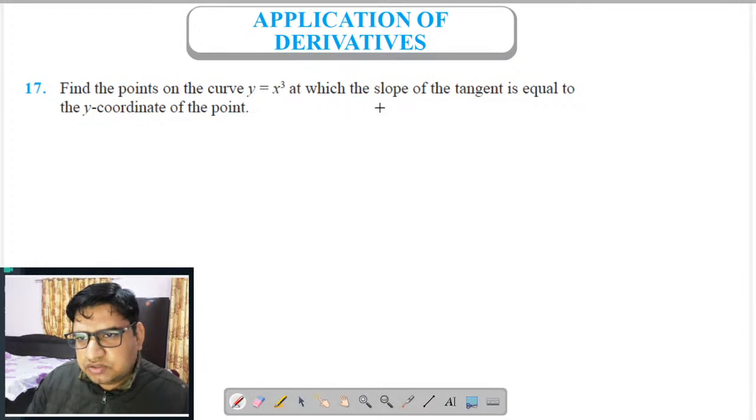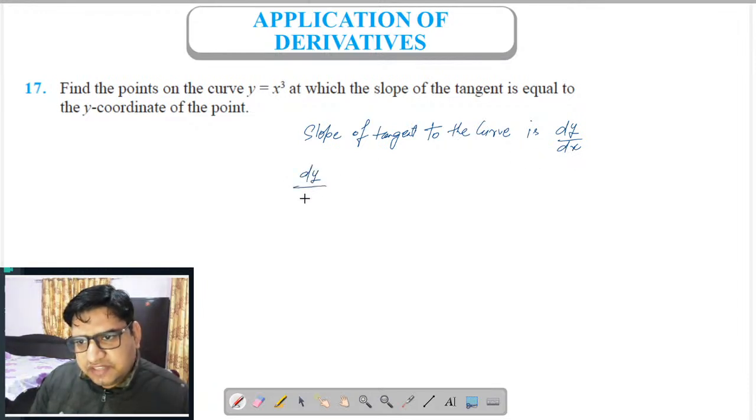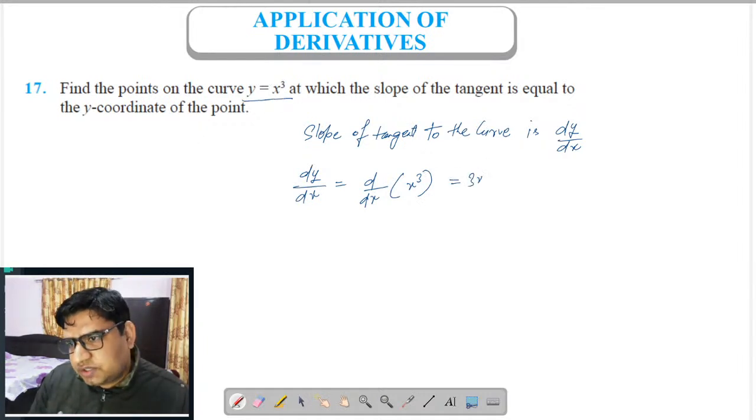Let's find out the slope of the tangent to the curve, which is dy by dx. So dy by dx is equal to d by dx of x cube, because here the curve is y is equal to x cube, so that is 3x square.